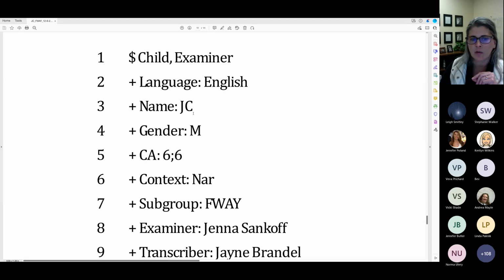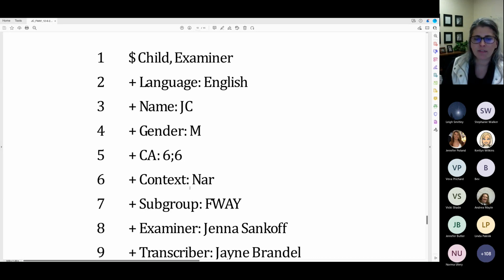In place of the name, we always do the initials if we're provided them, and sometimes it's whatever you named the audio file as. If we're able to determine the gender, sometimes we have that information, sometimes we don't. But this is a male, and you'll notice that the age is in years and months. If at all possible, if we can have both of those, and you'll get prompted for them, it makes the analysis more accurate, just like with a standardized test.